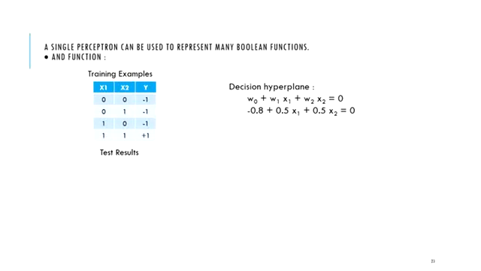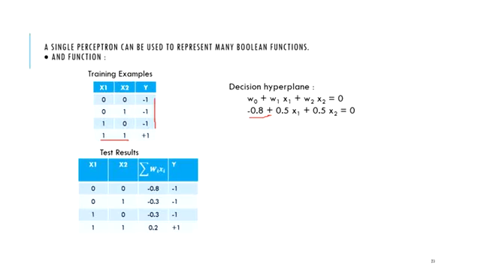Here is the AND example. In case both inputs are 0 or the inputs are different, then the output is negative. And if both inputs are 1, then the output is positive. So we've set some value of W0, we've set some value of W1 and W2, and based on that, we produce some output or results.